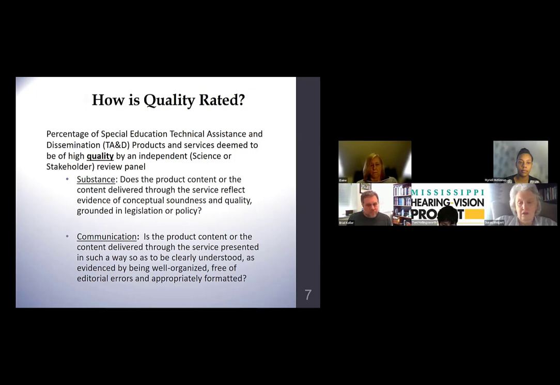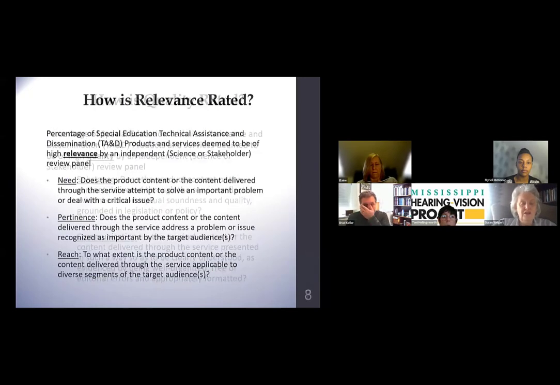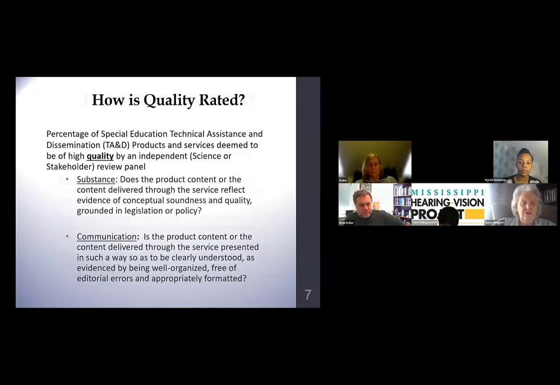And the communication dimension asks, is the product content or content delivered through the service presented in such a way so as to be clearly understood, as evidenced by being well organized, free of editorial errors, and appropriately formatted?